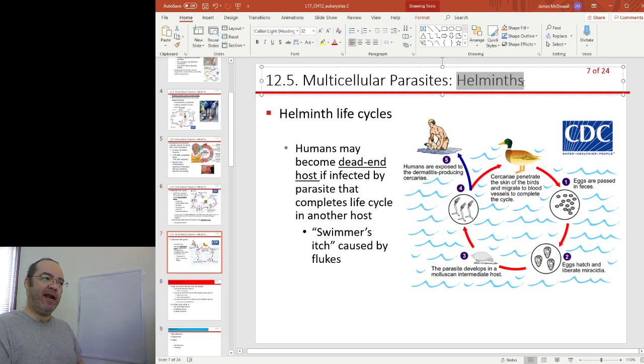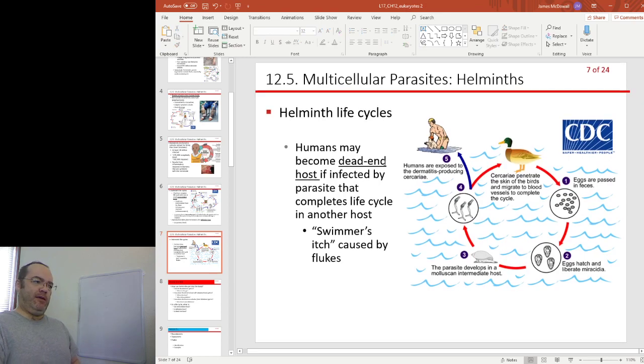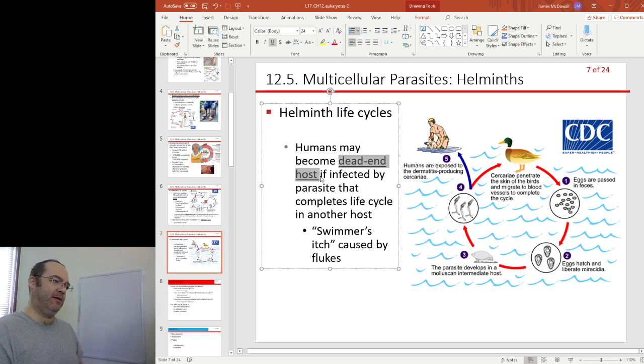Just like our brain-eating amoeba, there are many cases where humans are dead-end hosts. So humans have entered an environment where they were unexpected. But these infective stages of the helminth really can't tell the difference between a duck and a human.